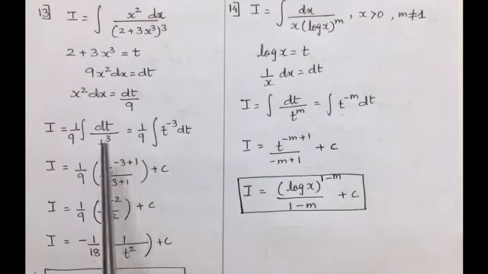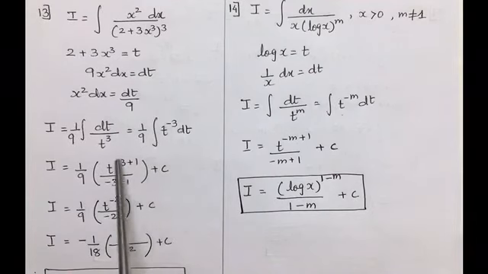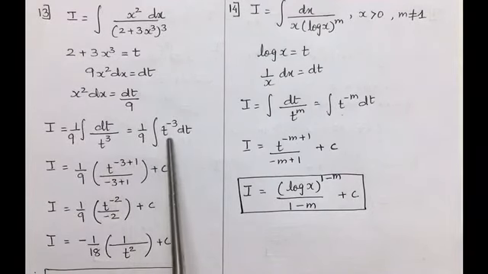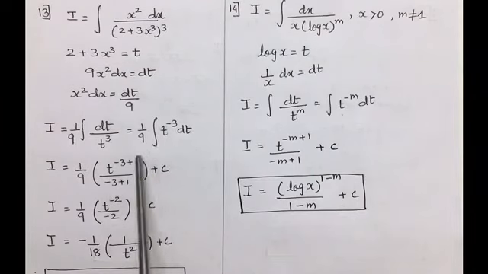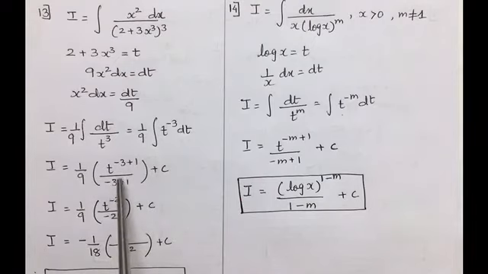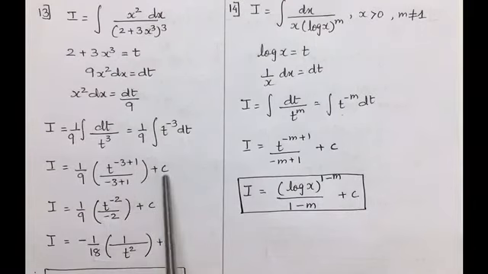So 1 upon 9 dt, and in the place of 2 plus 3 x cube, t is being kept, so it becomes t cube. To integrate 1 upon t cube, we express it as t raised to minus 3 dt. Integrating, we get 1 upon 9 times t raised to n plus 1 upon n plus 1. So minus 3 plus 1 upon minus 3 plus 1 plus c.